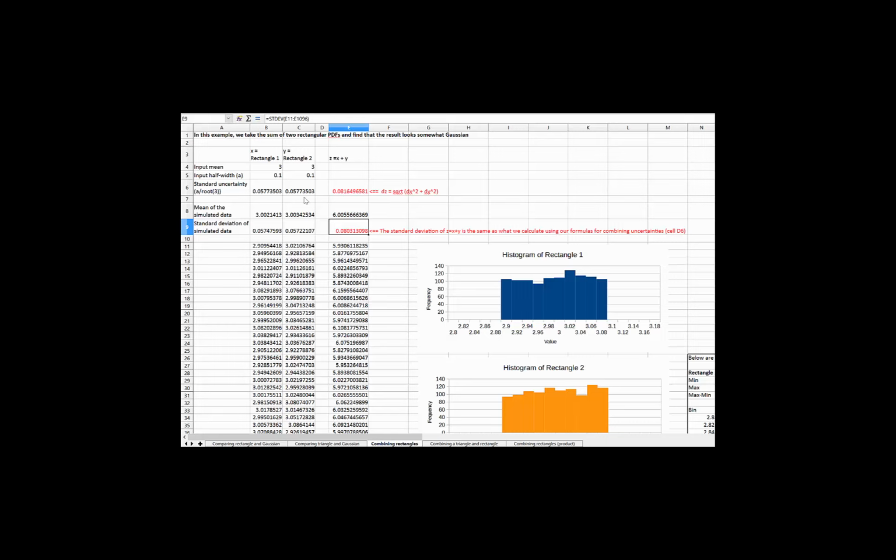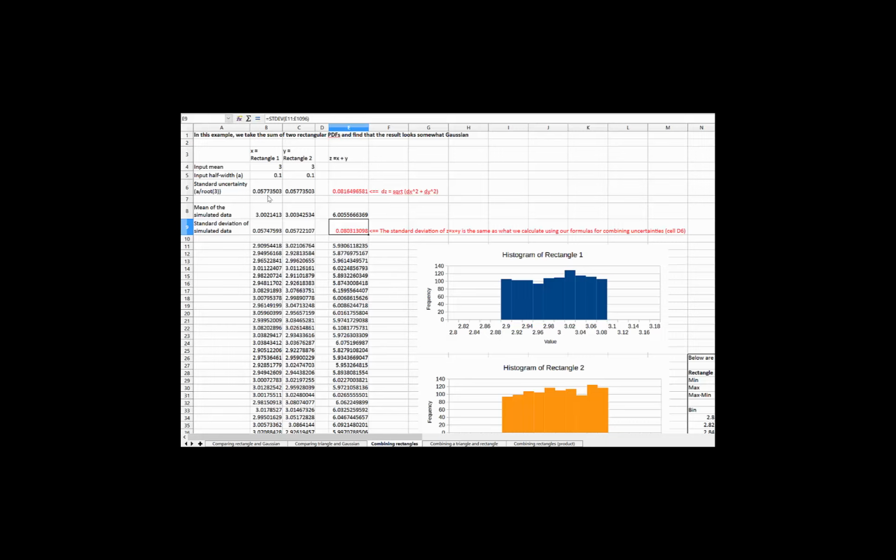You see that the mean of z, where z is equal to x plus y, so rectangle 1 simulated data point plus rectangle 2 simulated data point, and a whole bunch of those, is basically 3 plus 3 is 6. The standard deviation of that distribution is going to be the uncertainty when we combine those previous two uncertainties.